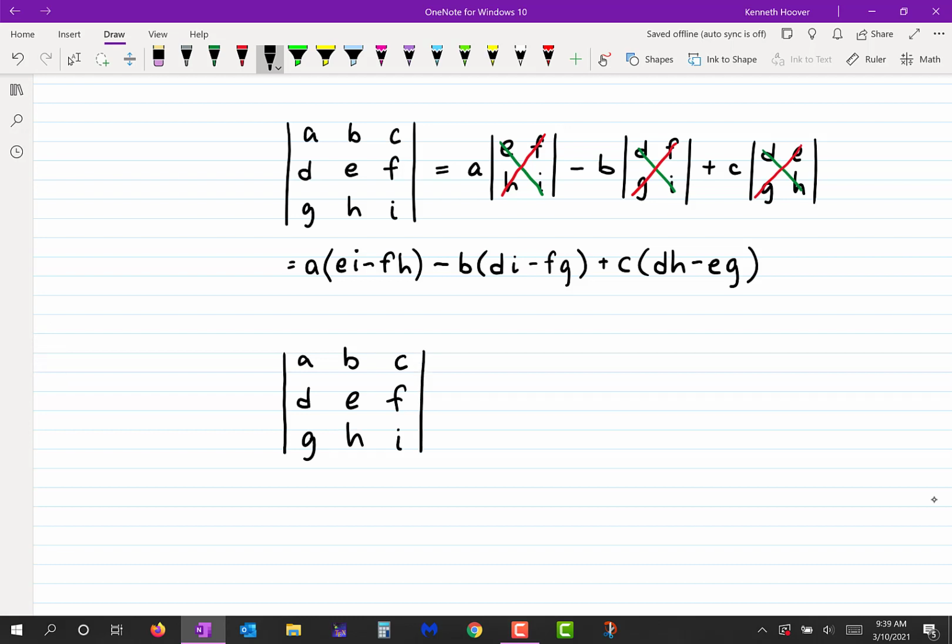Which is to do this. You go ahead and write the 3 by 3 array and then copy the first two columns over again.